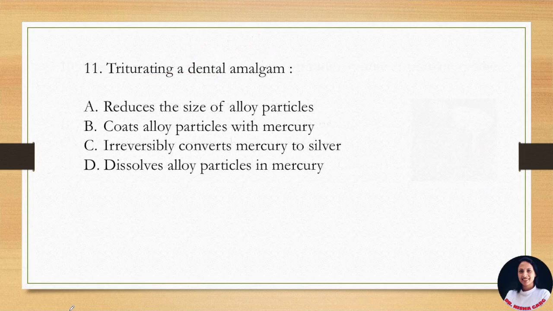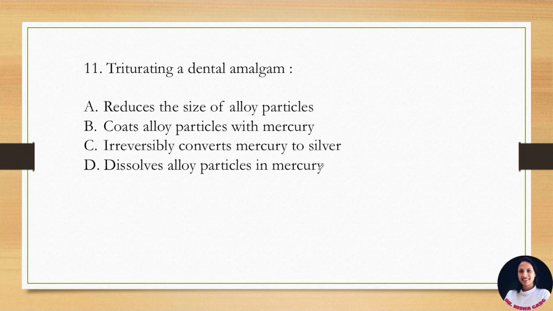Next question is, triturating a dental amalgam: A, reduces the size of alloy particles; B, coats the alloy particles with mercury; C, irreversibly converts mercury to silver; D, dissolves the alloy particles in the mercury.